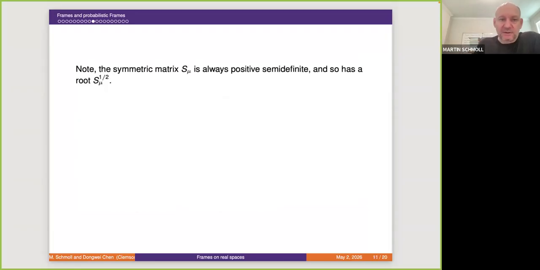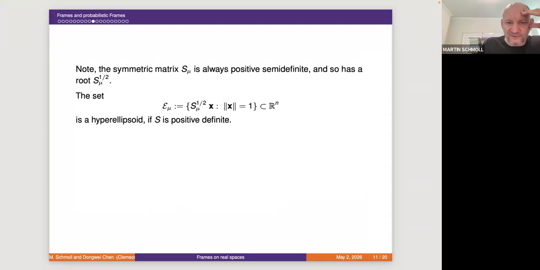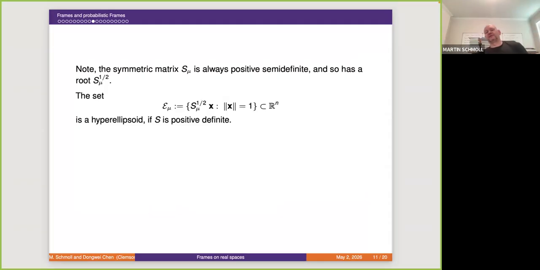So if we have a frame, then the matrix S_mu is always positive semi-definite, and so it has a root. Then you can define an object, S_mu to the power of 1/2 times x, where the norm of x is 1.